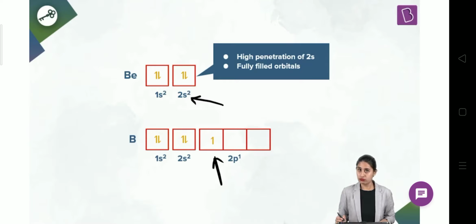So what difference does that make? Since 2s electrons are very close to the nucleus, it is very difficult to remove those two electrons from the 2s, and also it has a fully filled electronic configuration. So we know that there has to be an anomaly coming up, right?